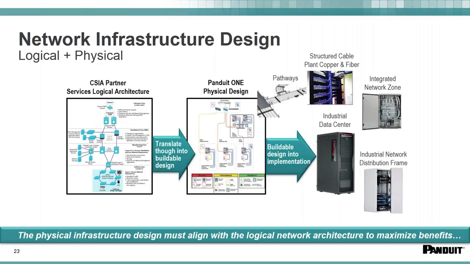And then using the Panduit One type solution, either through Panduit or some of our Panduit One partners who've been trained on the physical design and physical deployment, they can then take that logical design and translate that into an executable, buildable design using some of the building blocks that we just discussed on the previous slide.